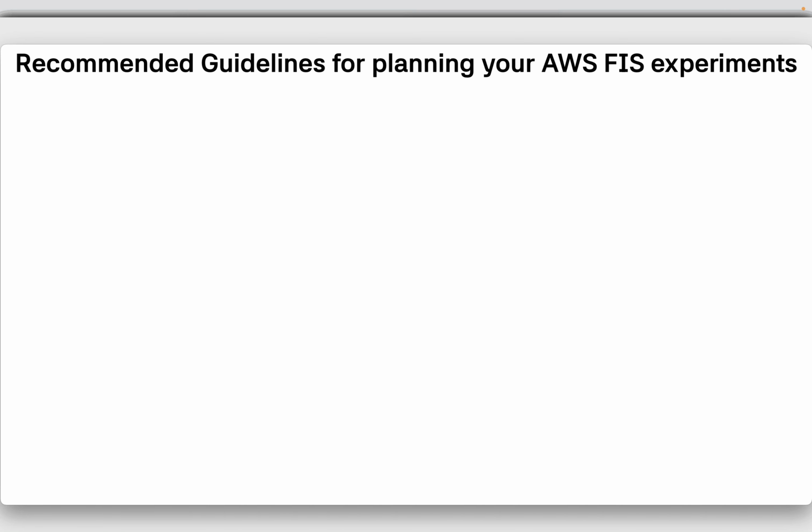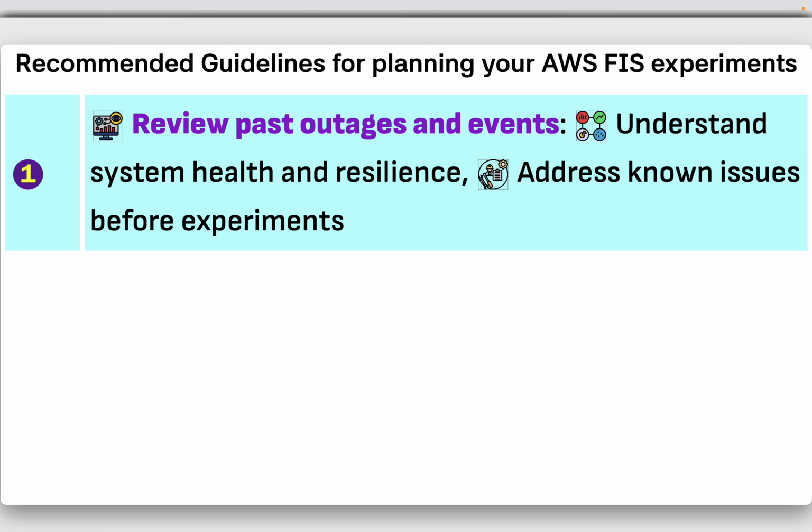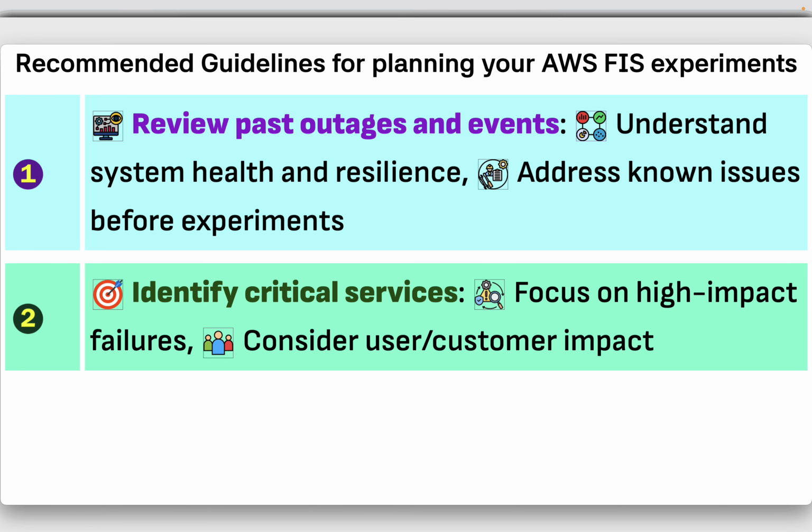So, recommended guidelines for planning your AWS FIS experiments are: first, you review your system's past outages and events to understand its health and resilience, addressing known issues before starting experiments. You identify the services that would have the biggest negative impact on users or customers if they failed.